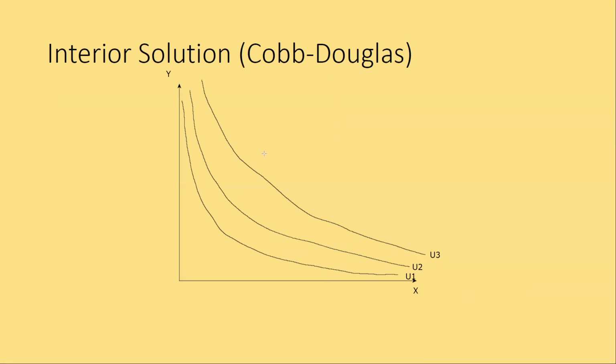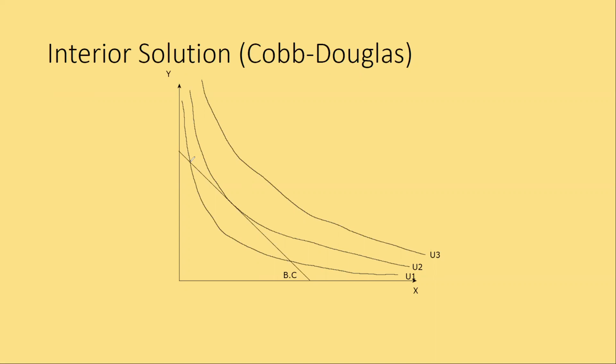Now, let's suppose the budget constraint looks something like this. So let's imagine the budget constraint. This black straight line is our budget constraint. And it intersects our indifference curves at several points. I'm going to mark them.